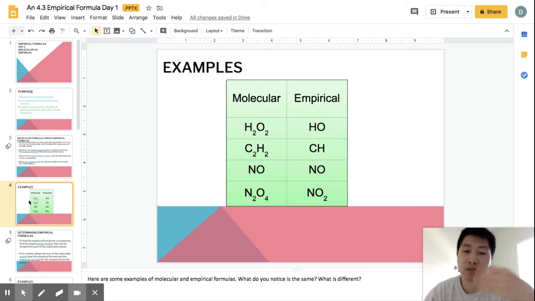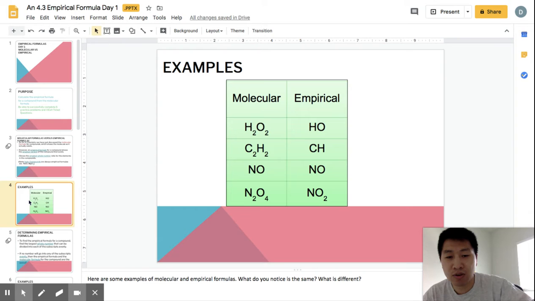H2O2, if you divide by that same number, because both 2's are the same numbers, you can show the simple version of HO. But when you go down to the N2O4, what number goes into both? 2 can go into both numbers, so then N becomes by itself. And then if you do 4 divided by 2 for the O, it becomes 2. So that's how we have NO2.